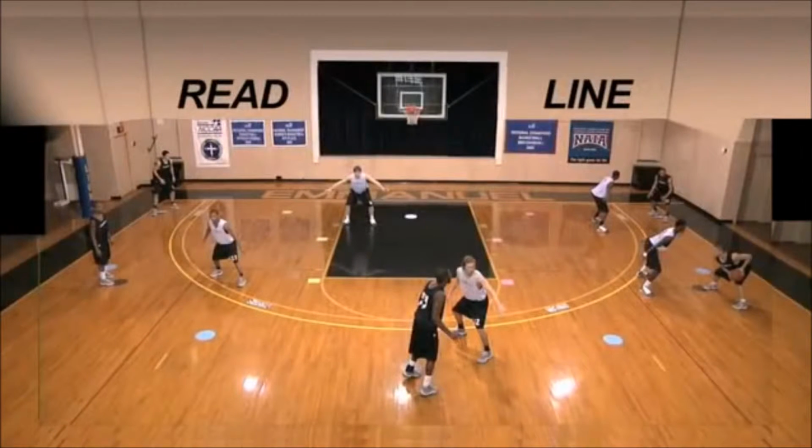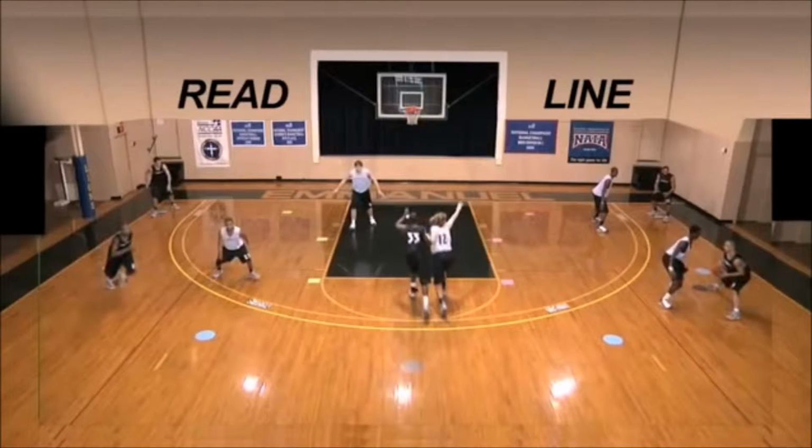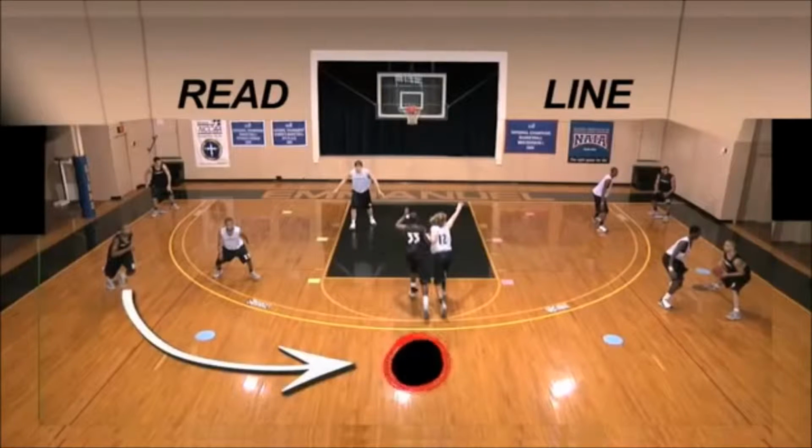The second purpose of this automatic backdoor is if you don't cut and you allow the defense to deny you the ball, you effectively shut down the offense on your side of the floor. You've cut the ball handler's options in half. But consider what happens when you do cut. Even if you don't get the ball, you vacate a spot on the floor that another teammate's going to fill.